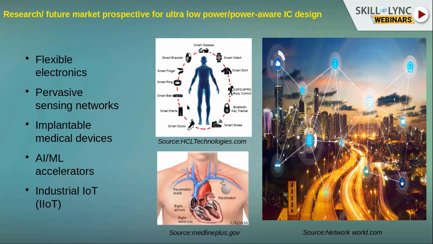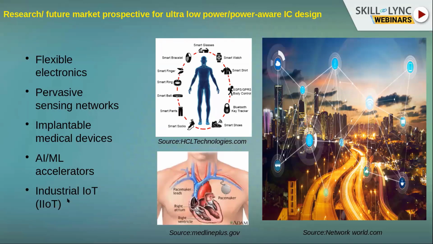And also the thing that is currently going on in everyone's industry is AI and machine learning. So we also need accelerators that can work for the implementation of complicated algorithms for machine learning and AI. Even for that, we need energy efficient systems so that it runs on low power and can run powerful and complicated algorithms.